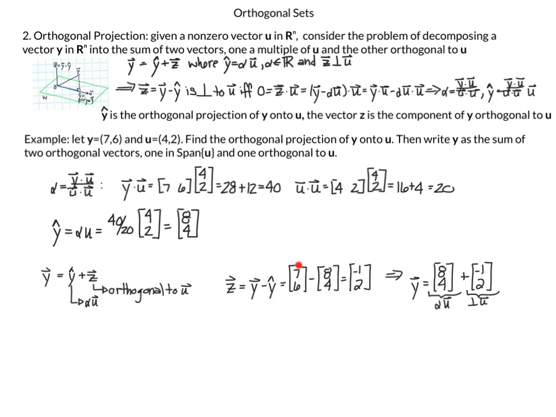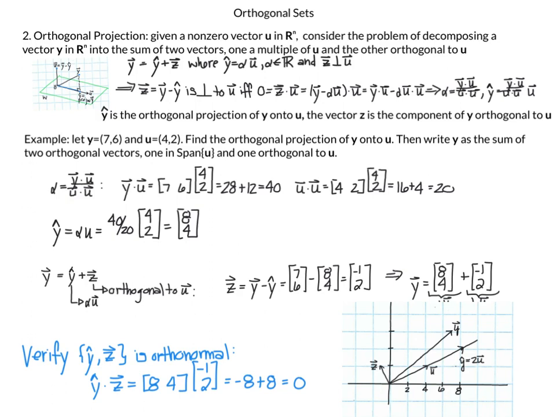So I have my y, which is (7, 6), minus y hat, which is (8, 4), giving (-1, 2). So that means y is equal to (8, 4), which is 2 times my u vector, plus (-1, 2). So again, this is my vector in the direction of u. This is my vector that's perpendicular to u.